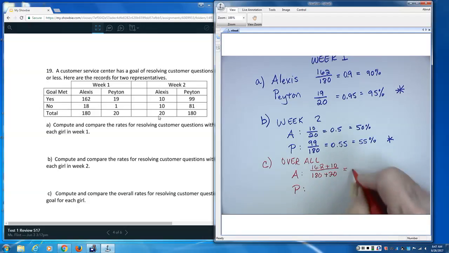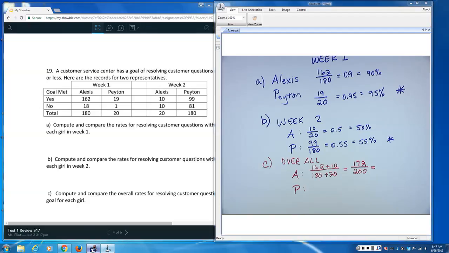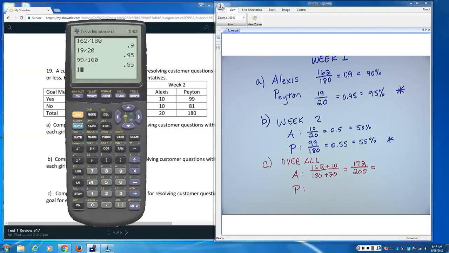So she had a total of 200 that she talked with, and 162 plus 10 is 172. Which is 86%.